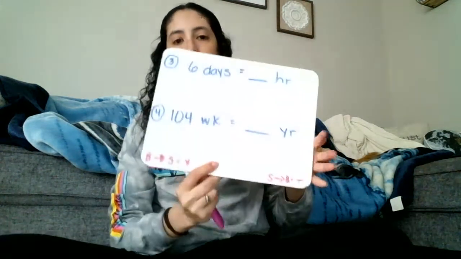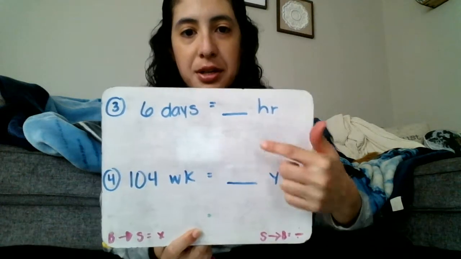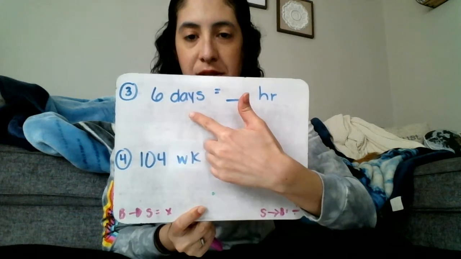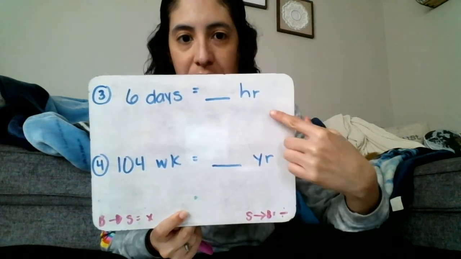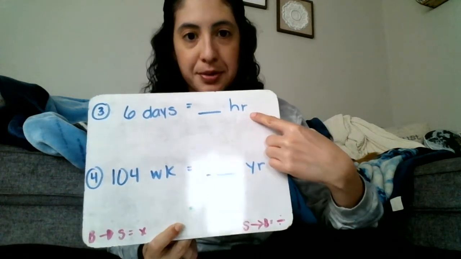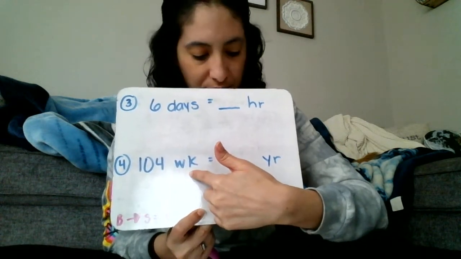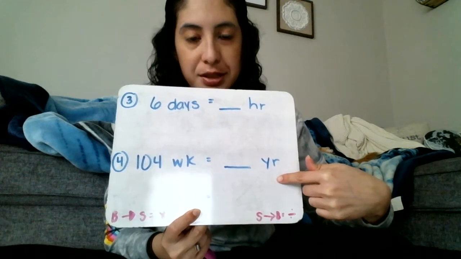Now, next one. Now we're not going to compare. Now it's actually telling us. It wants to take days, and it wants us to turn it into hours. And it wants us to take weeks, and it wants us to turn it into years.